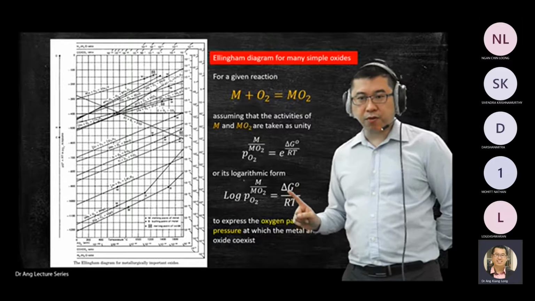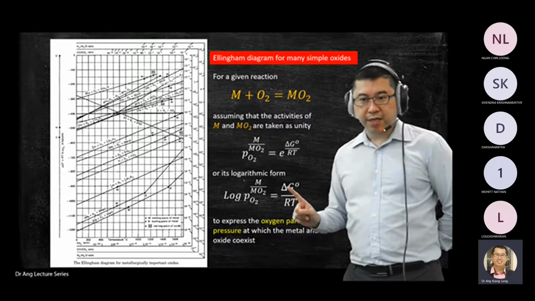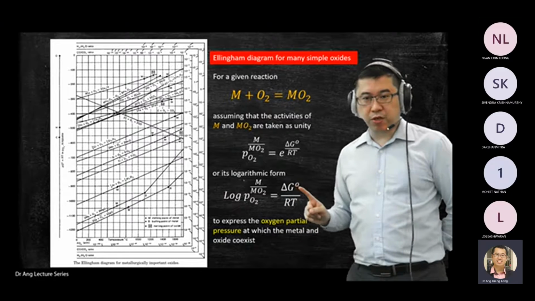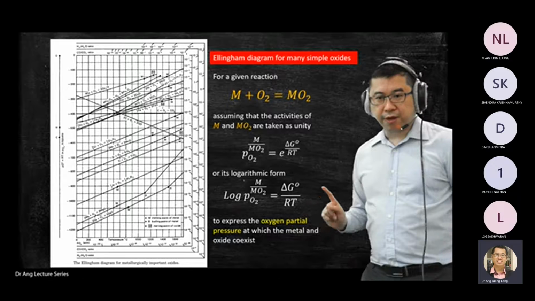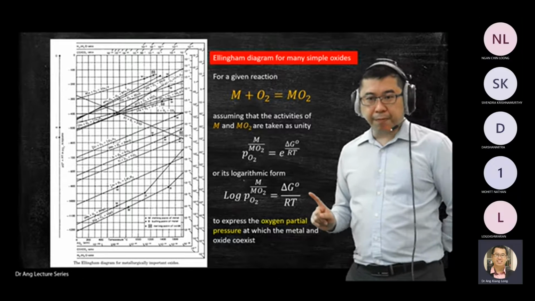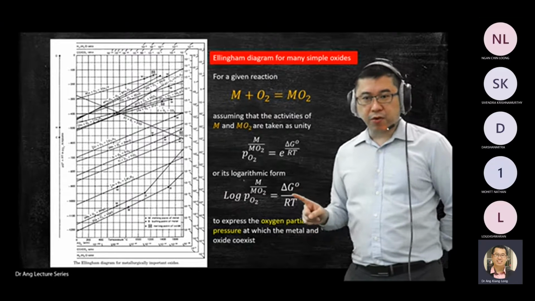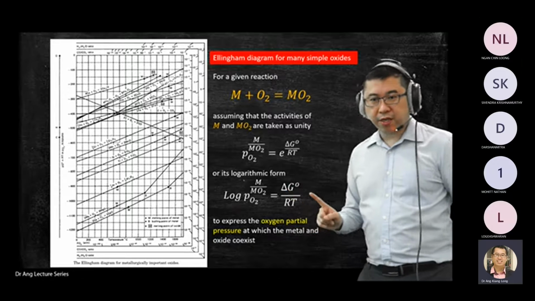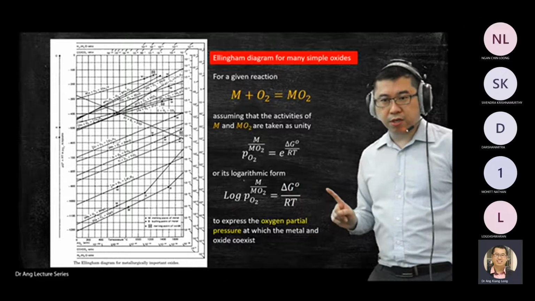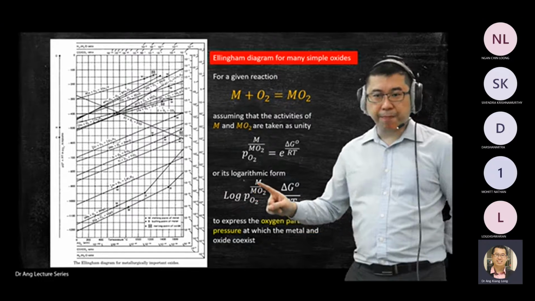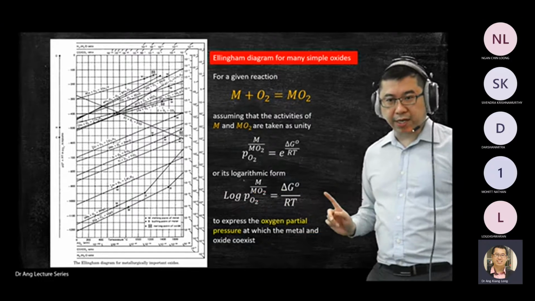Your gradient will be 1 over RT, right? If delta G naught is your x value, then y equal to mx, your gradient will be 1 over RT. So basically you can plot y equal to something x.